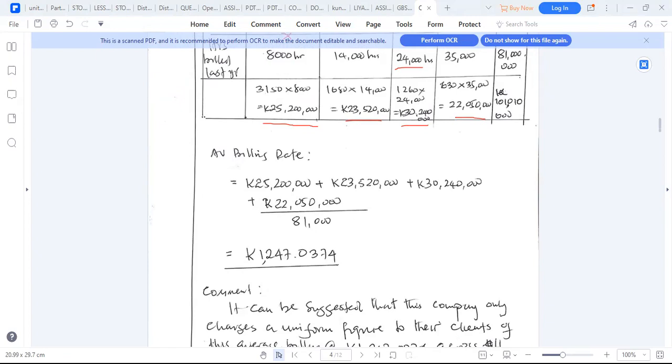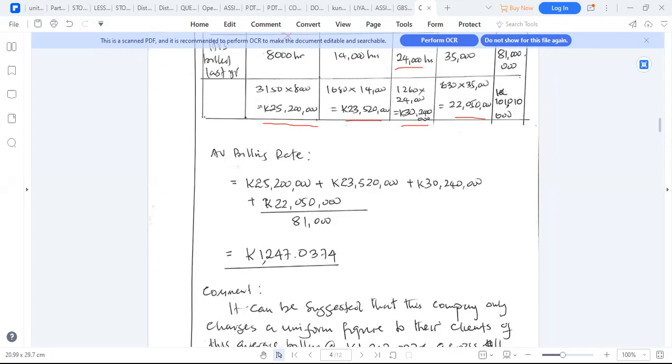That is the average taken in terms of time, the hourly rate. So we can simply say when you divide 101,010,000 over 81,000, we're going to get 1,247.04 per hour per employee. So this means that is the average that should be charged as uniform as can be.